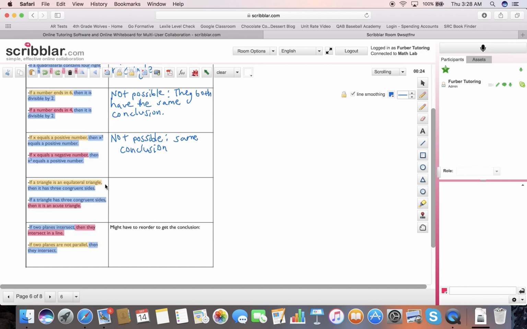So I can immediately take the hypothesis of the first statement: if a triangle is an equilateral triangle, then it is an acute triangle.